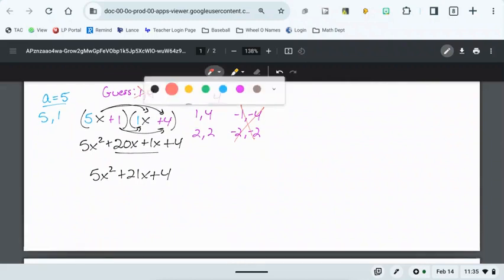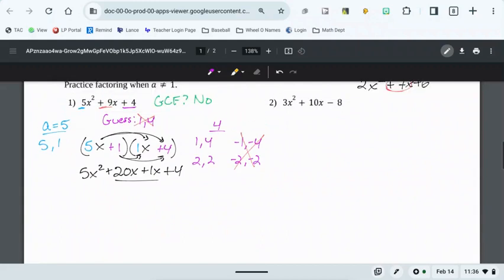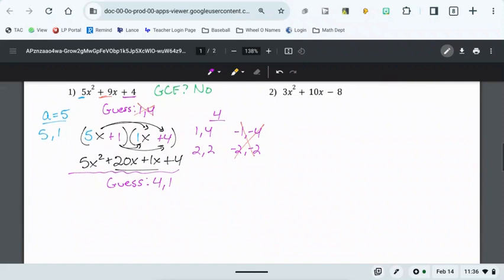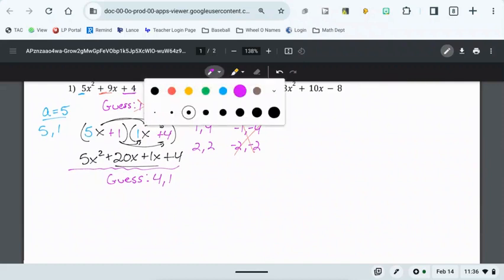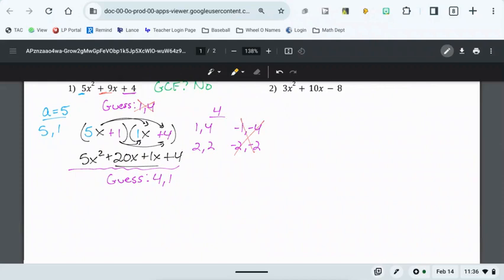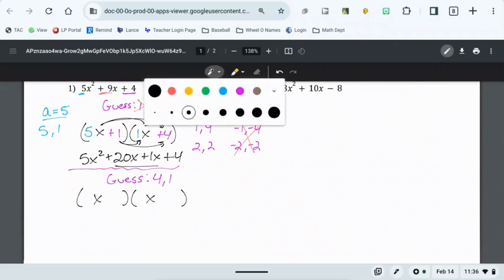All right, so now we have to guess all over again. So guess 2. Let's go ahead and try flipping them. 4 and 1. So instead of 1 and 4, just to show you, let's see what happens if we flip them. We're sticking with our same 5x and 1x because those are the only positive factors of 5.